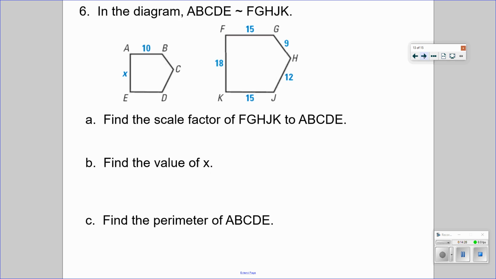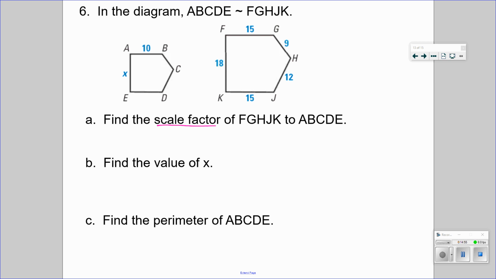So here's our figure A, B, C, D, E, matching with F, G, H, J, K. They are lined up nicely, so you don't have to think too hard. They're lined up in the right spots. First thing is finding the scale factor. What would the scale factor be? 2 over 3, good.